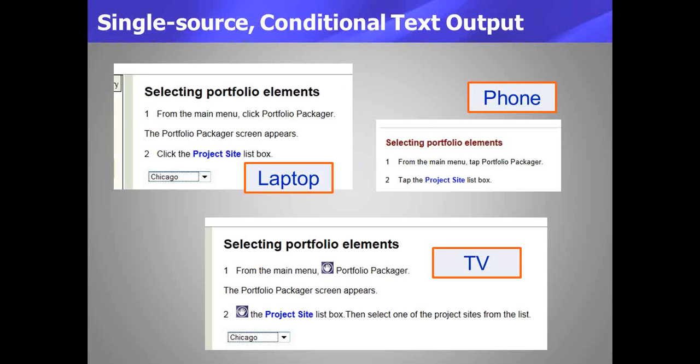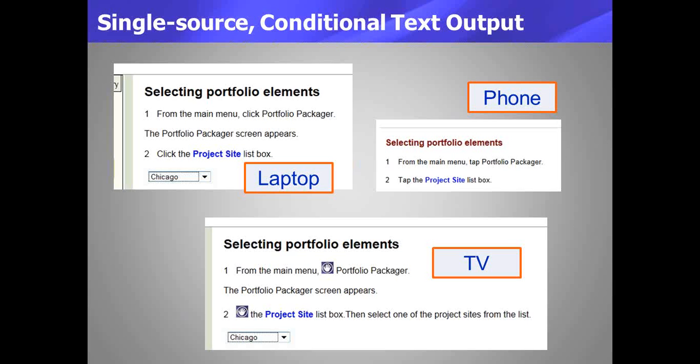Now, I mentioned the need to get into single source processing to be able to support this, and if you do that, then you're able to, based on your decisions about information types, start making adjustments for different device types automatically.